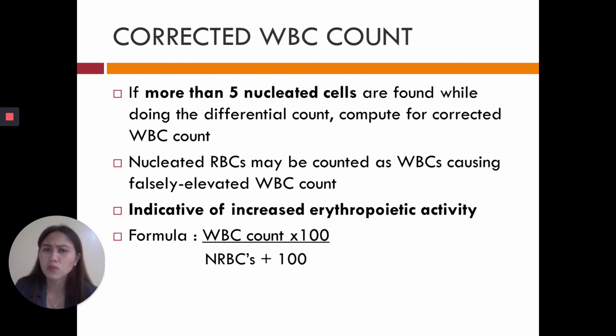Why do we have to do this? Because sometimes our machines tend to identify nucleated RBCs as lymphocytes. They might mistakenly identify nucleated RBCs to be lymphocytes.